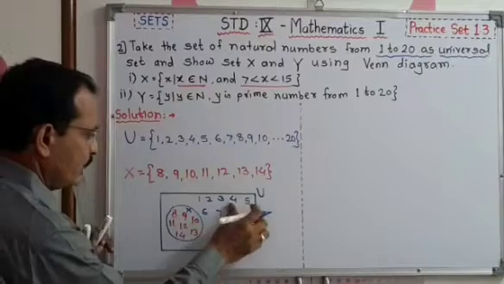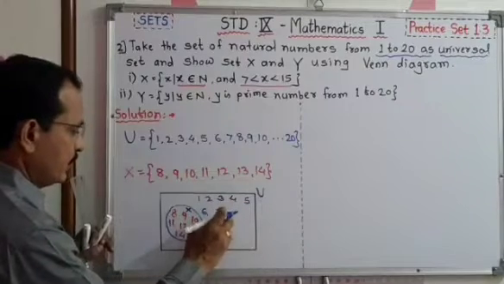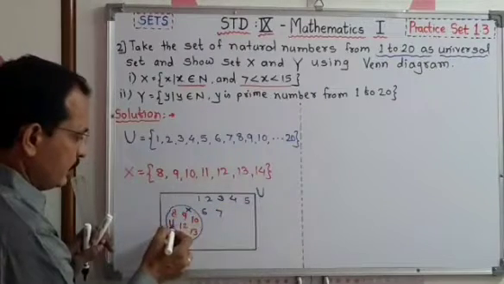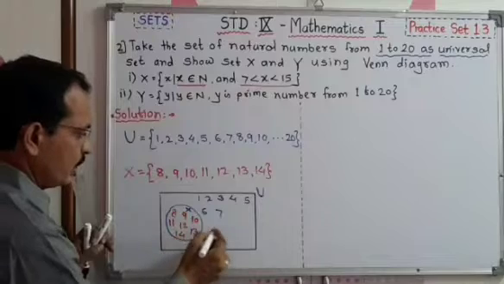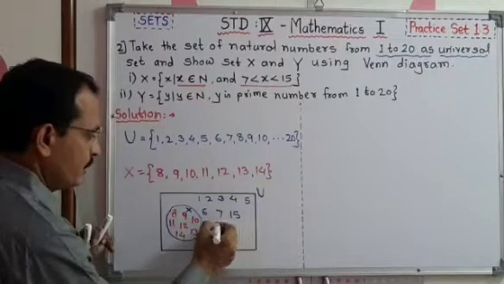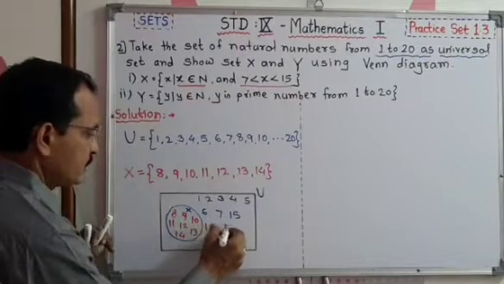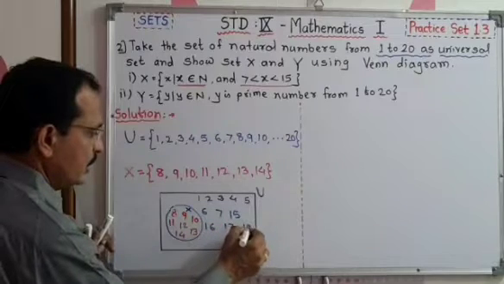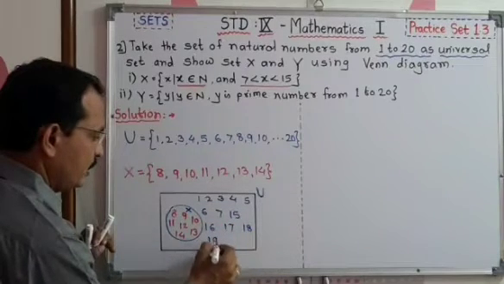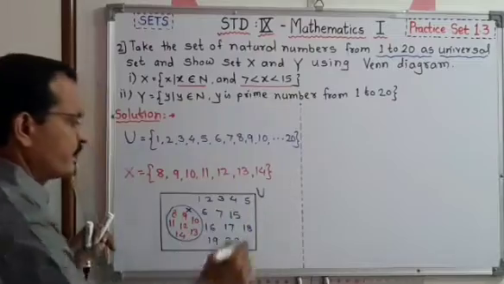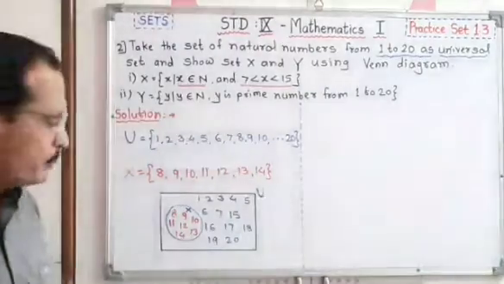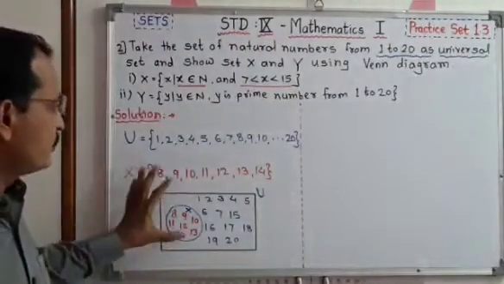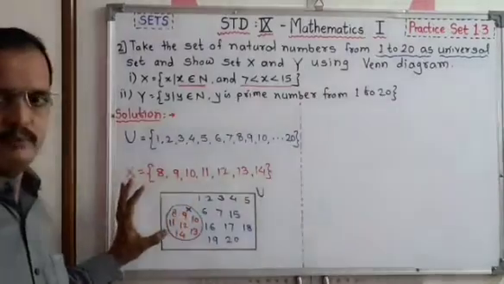Therefore, we do not have to write 8, 9, 10, 11, 12, 13, 14. We have to write 15, 16, 17, 18, 19 and 20. Yes student, we represent set X using the Venn diagram.